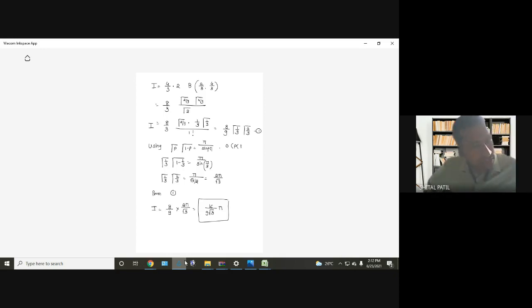Hope you are getting this answer. Sixteen pi divided by 9 root 3. This 9 root 3 was correct.